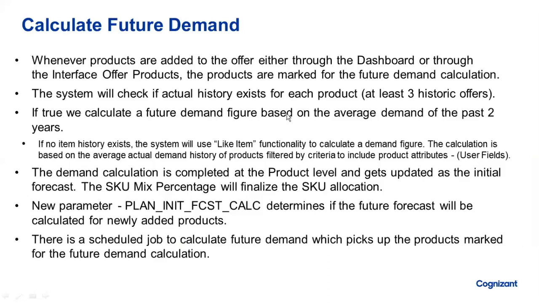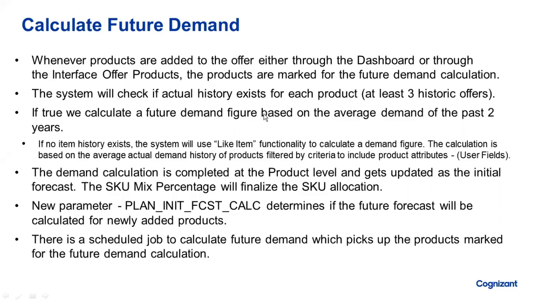All right, I'm going to go through another enhancement, and that's calculating future demand. So whenever products are added to the offer through the dashboard or interface, they're marked for this future demand calculation. The system will check if actual history exists for each product. It'll look to see if we have actual sales in at least 3 historic offers.